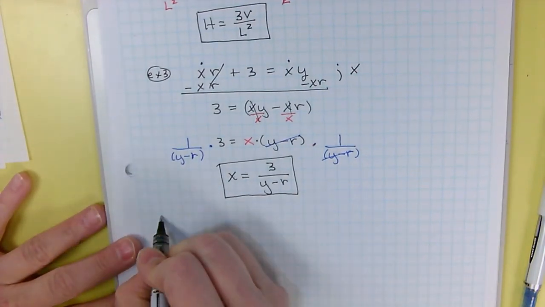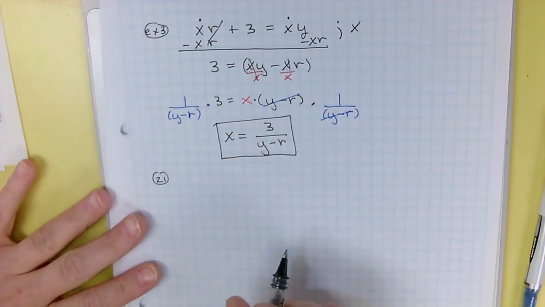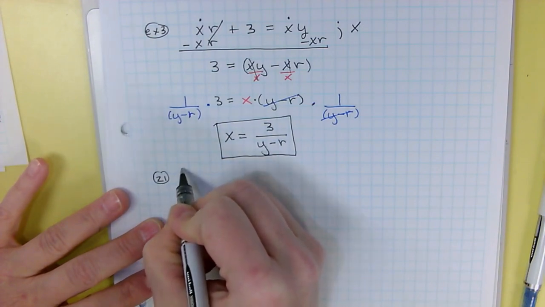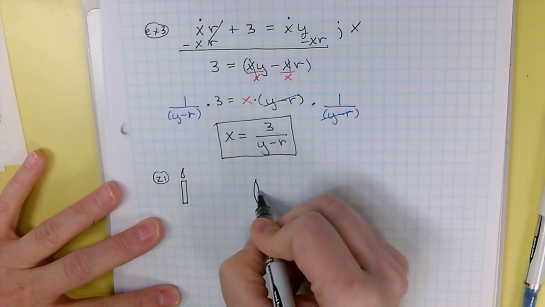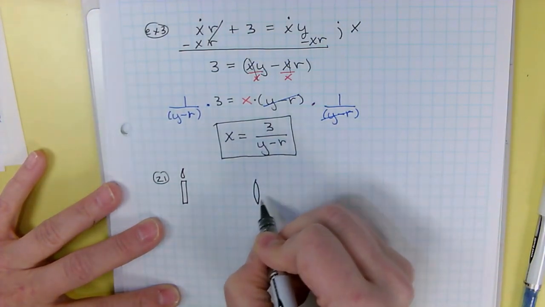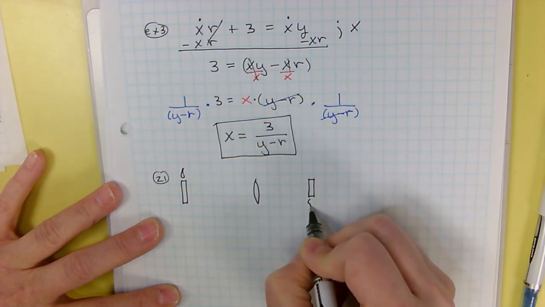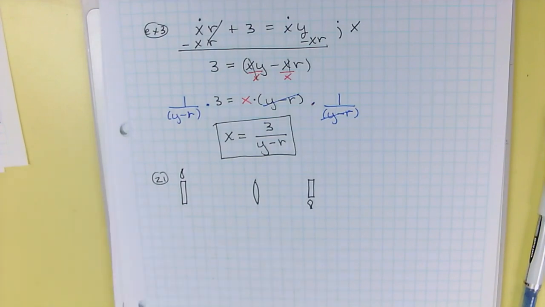All right. Number 21 from the worksheet, they have kind of an interesting setup. You've got a candle, and then you've got a lens, and then you have the image of the candle, which is upside down, which is basically how your eyeball works.